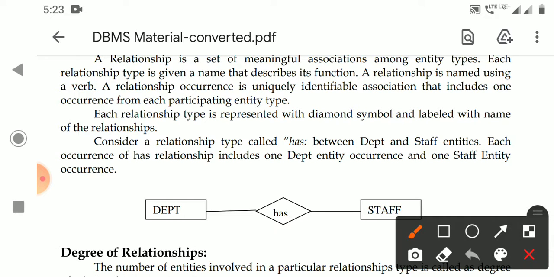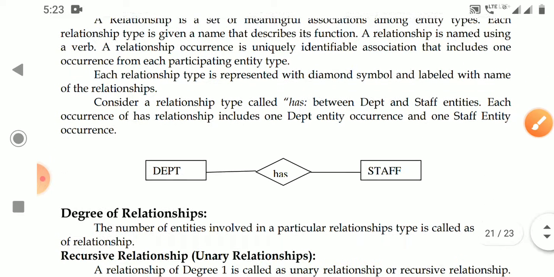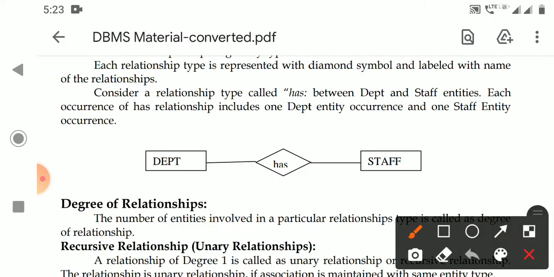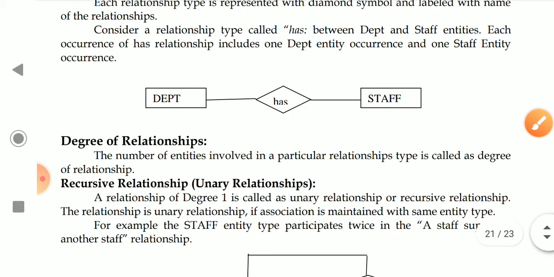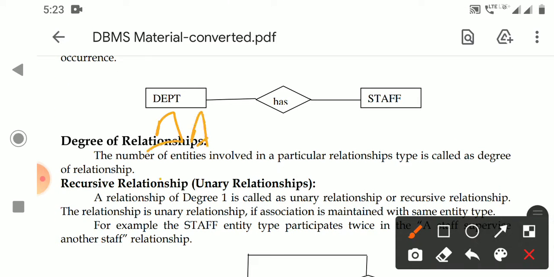A relationship occurrence is a uniquely identifiable association that includes one occurrence from each participant entity. For example, if you take the BA department, BSc department, BCom department, some staff A, some staff B, some staff C are there.